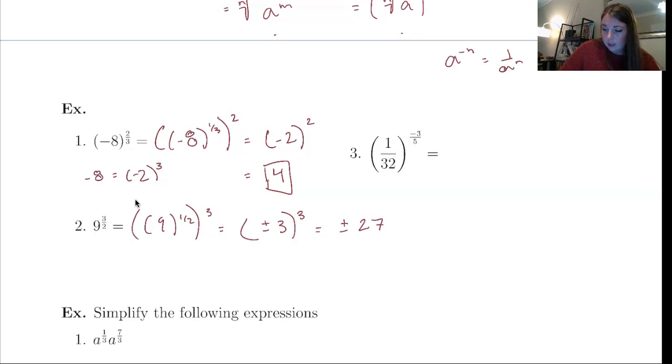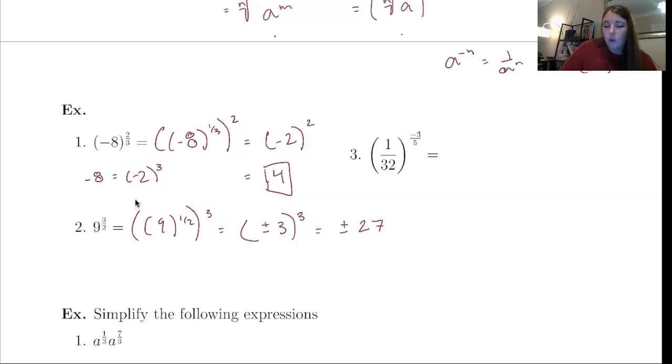So now I have 1 over a to the -n. So this would distribute to each thing, but 1 raised to any power is just 1. So that negative in turn will just flip my fraction. So this is going to be equal to 32 to the positive. I brought this up, and then basically there's a 1 on the bottom, but we don't need to write that.